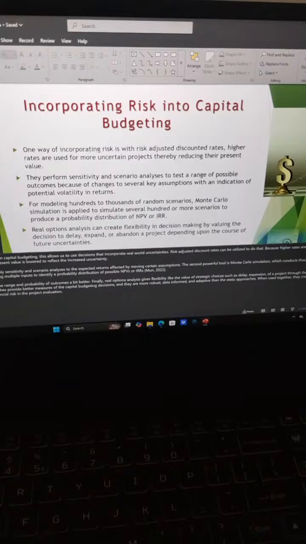Incorporating risk into capital budgeting. One way to incorporate risk is with risk-adjusted discount rates, where higher rates are used for more uncertain projects, therefore reducing their present value. They perform sensitivity or scenario analysis to test a range of possible outcomes because of a change to several key assumptions, with the indication of potential volatility in returns.